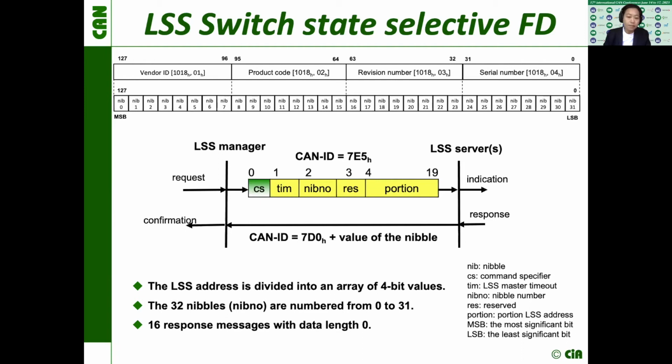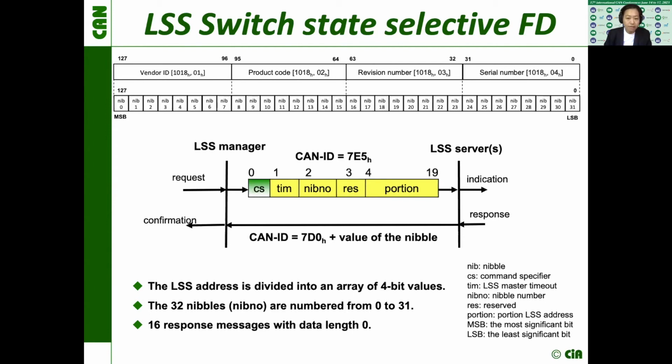This benefits from the expanded payload of up to 64 bytes from CANopen FD. As shown here in the diagram, with the 128-bit parameter portion, the LS manager request has in total 20 bytes.